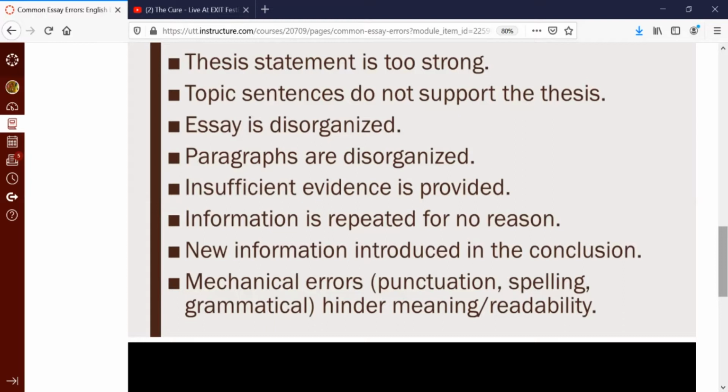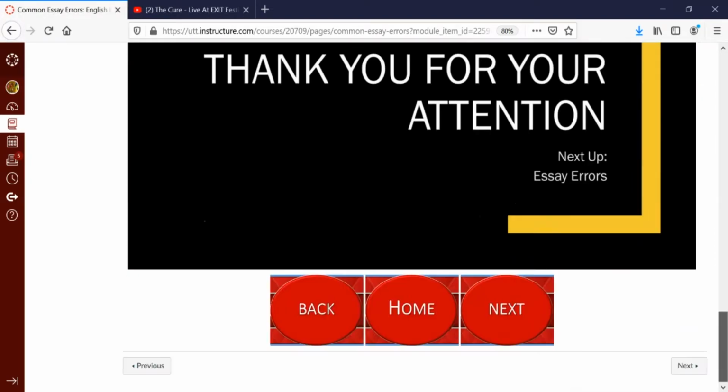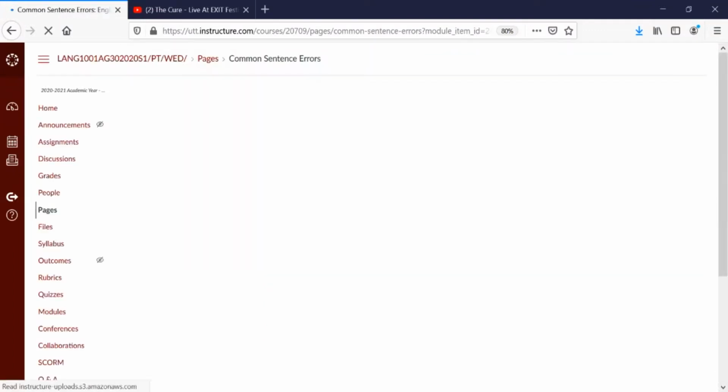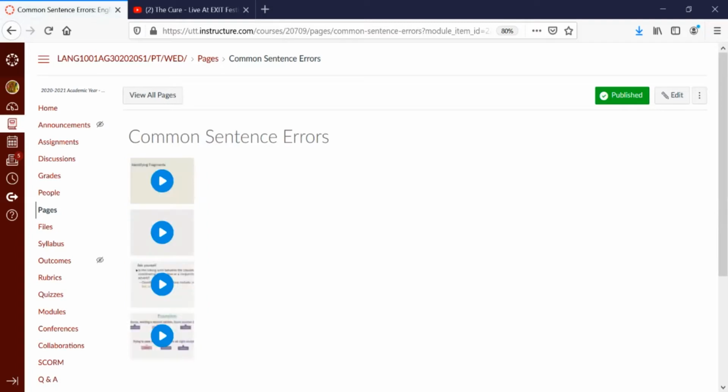So these are some of the main errors that you can have in an essay. So let's take a look at some common sentence errors. These would fall under mechanical errors.